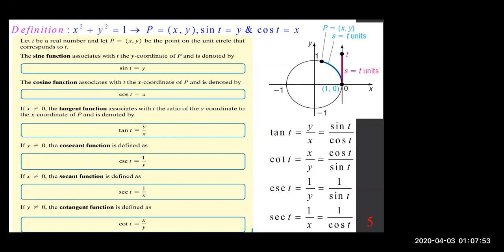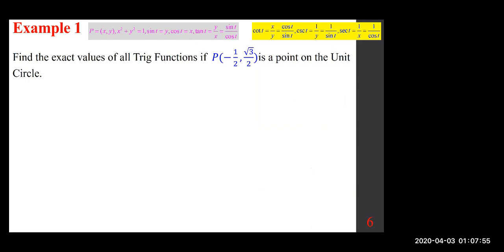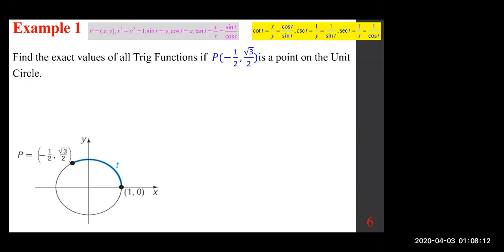So with that being the case, let's look at a very simple example to see how this works. We want to find the exact values of all trig functions when a pair is given. First, we locate it, we plot that, and it ends up being on a unit circle.